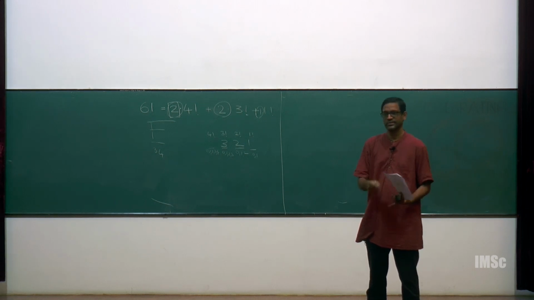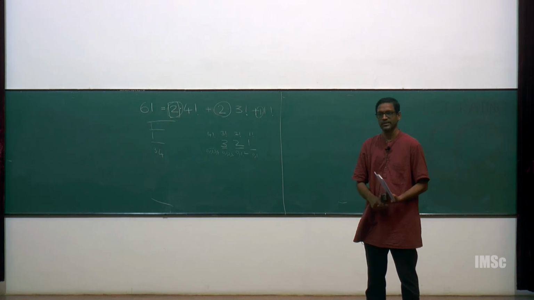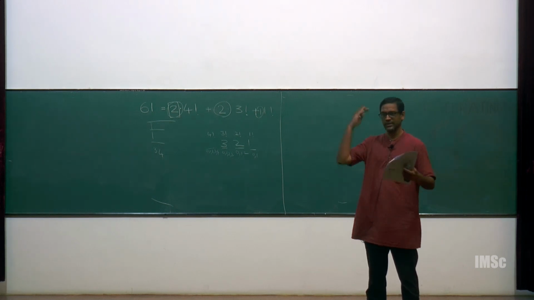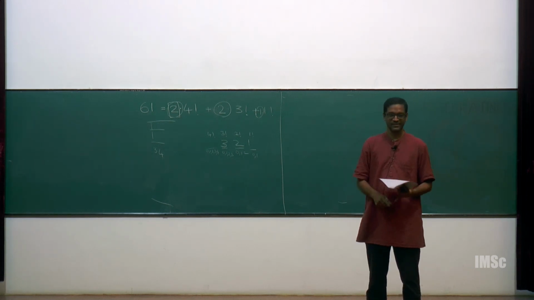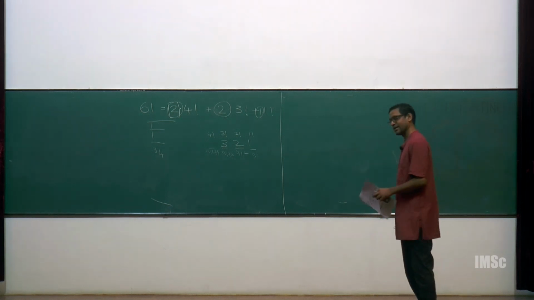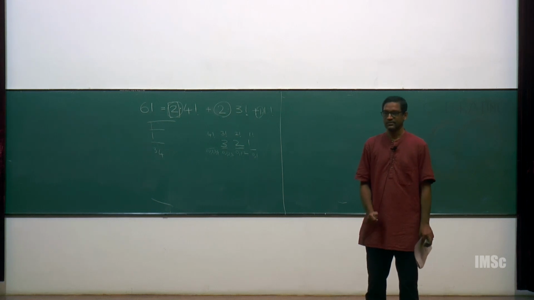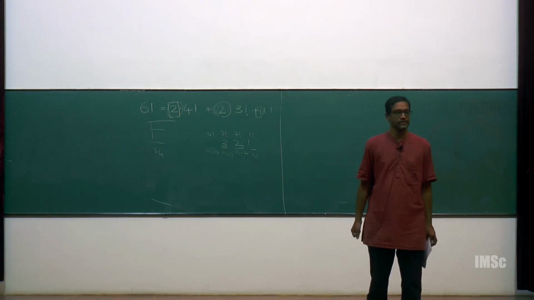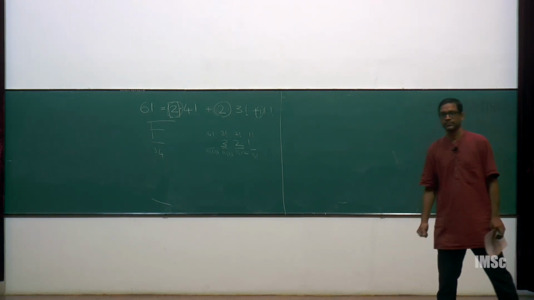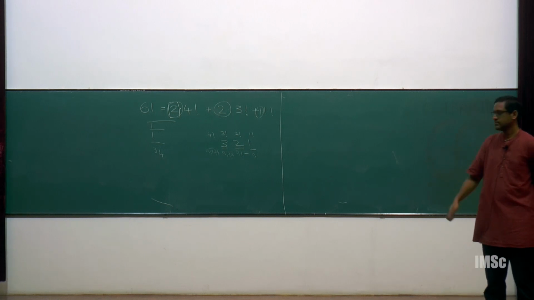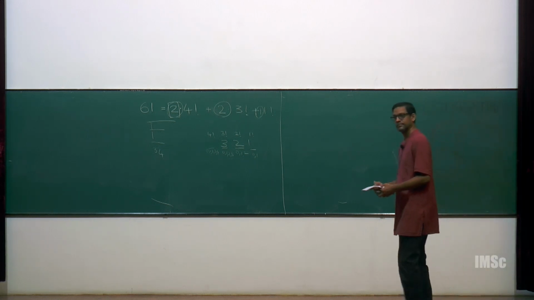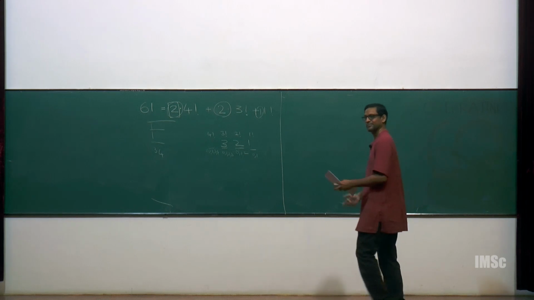Any other? So he said cycle, that's one way of thinking about a permutation. But I'm asking for a picture really. Oh, you are thinking about a cycle drawn as a picture. Great, yes, absolutely. Any other ways of pictorially depicting a permutation?